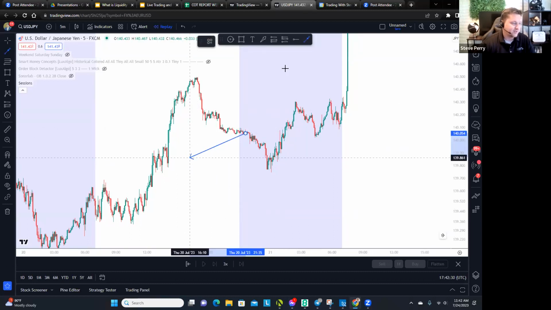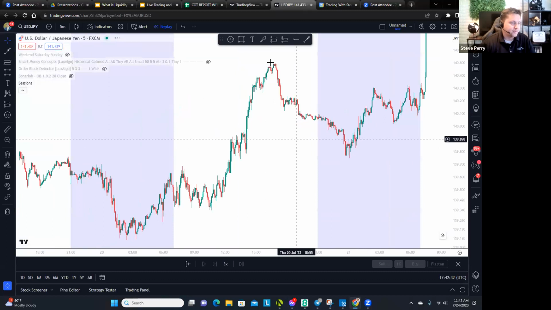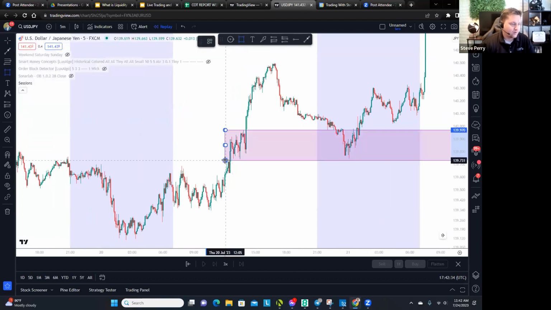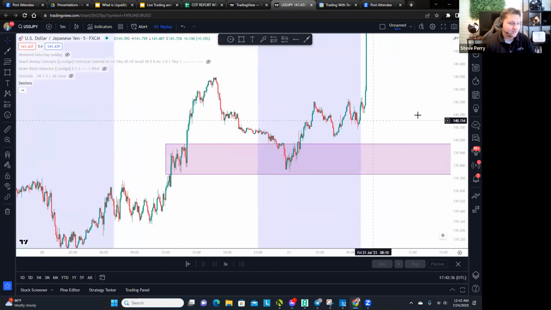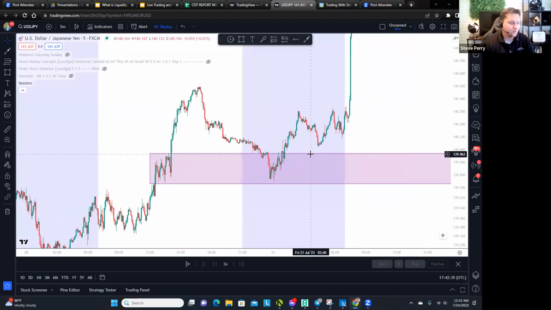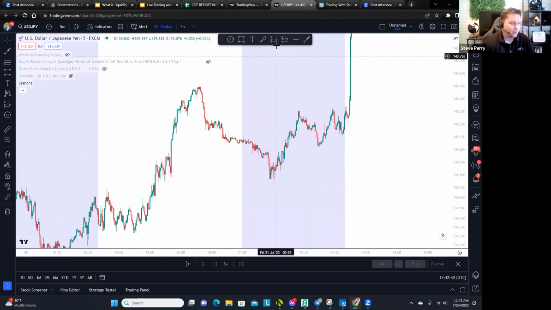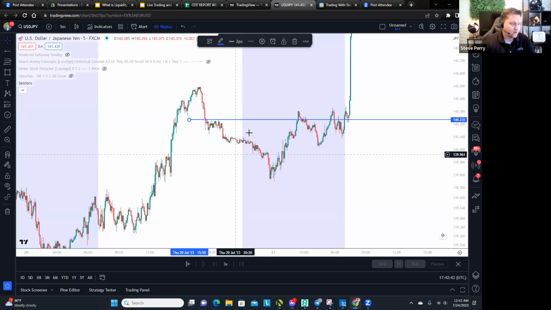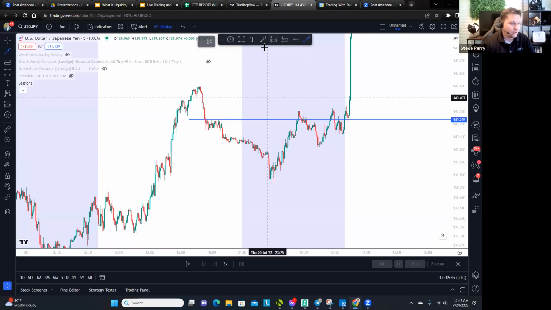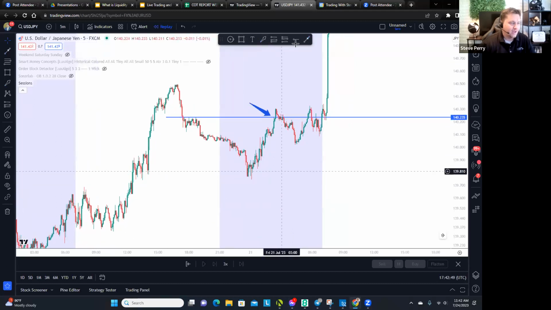There was some liquidity right here, and the market came right and touched that. Another thing I just noticed is this market broke during Tokyo right here. It broke this structure and then had a little bit of a pullback right into here before it shot up, right? So there's another example.